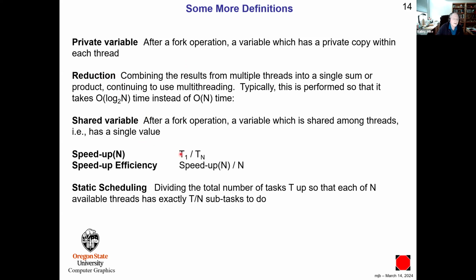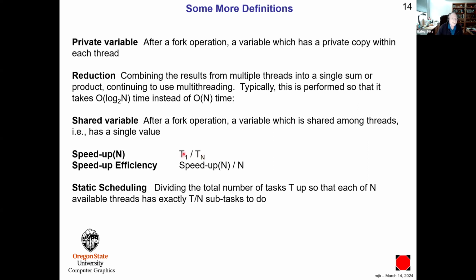Speedup is the time it takes to execute with one thread divided by the time it takes to execute with n threads. If you go from one thread to four threads, the four-thread run should be a lot faster, maybe even 4 times faster, probably not.